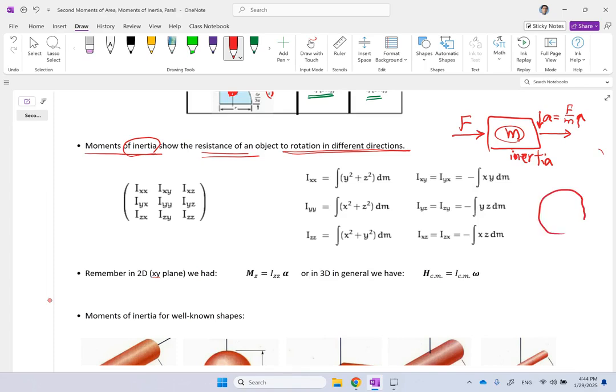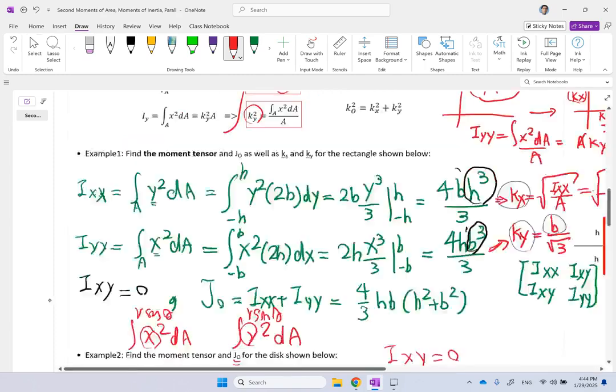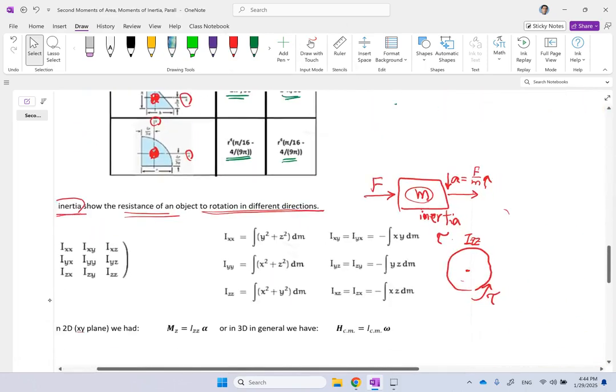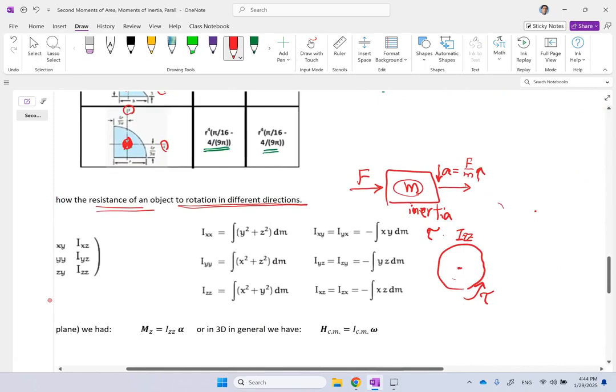Similarly, if I have an object and this object has a bigger I, what I, we'll talk about it, I about the axis here. If it has a bigger I, let's call it Izz for instance, if I apply a torque to it and try to spin it, this torque divided by that I is going to be the angular acceleration of the object, alpha.